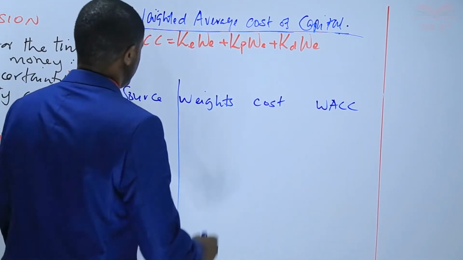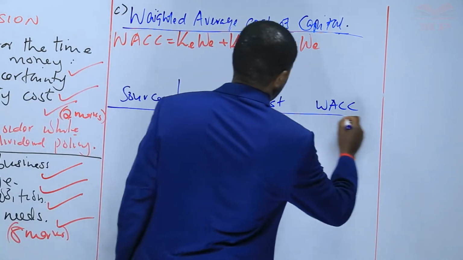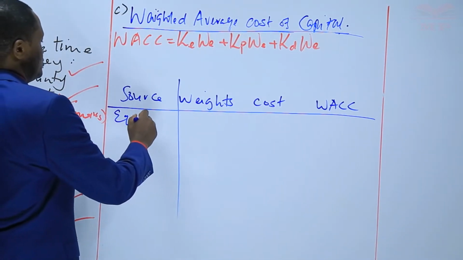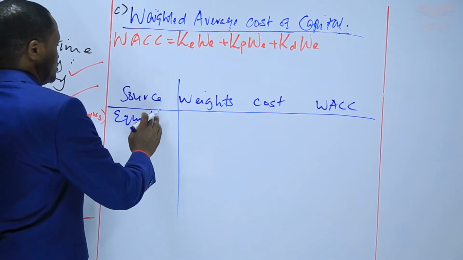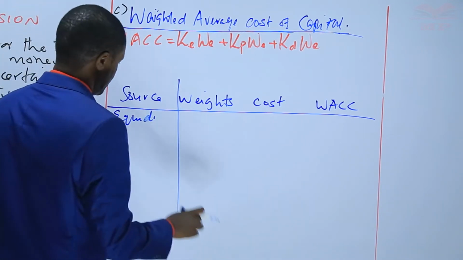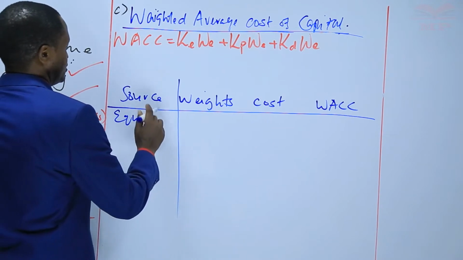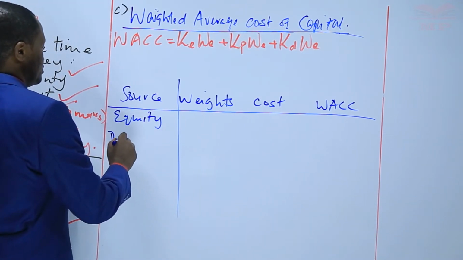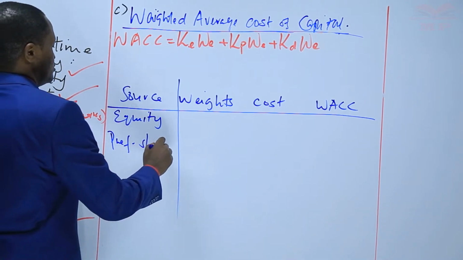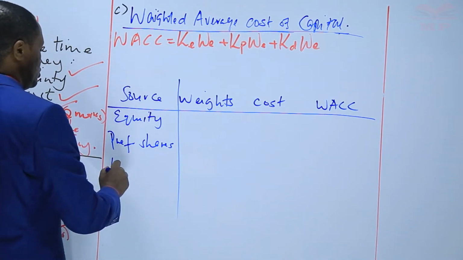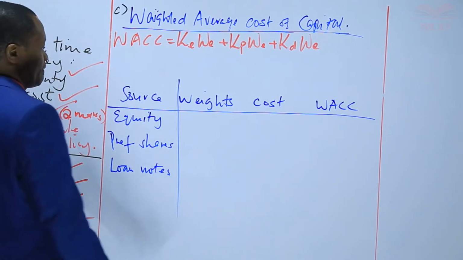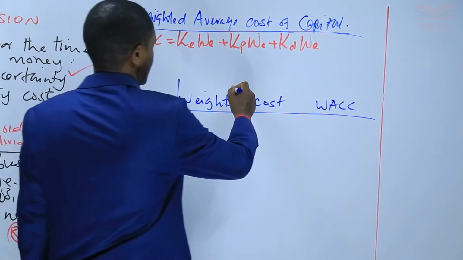There are how many sources? We have equity, this is ordinary shares. We have preference shares and loan notes. These are debts. Okay, we calculate the weights.